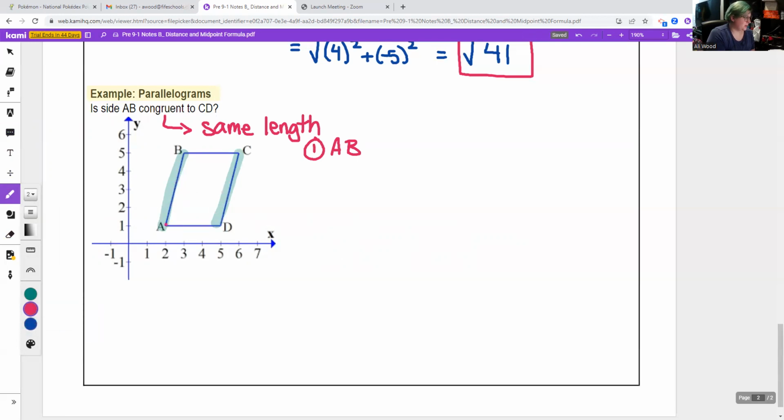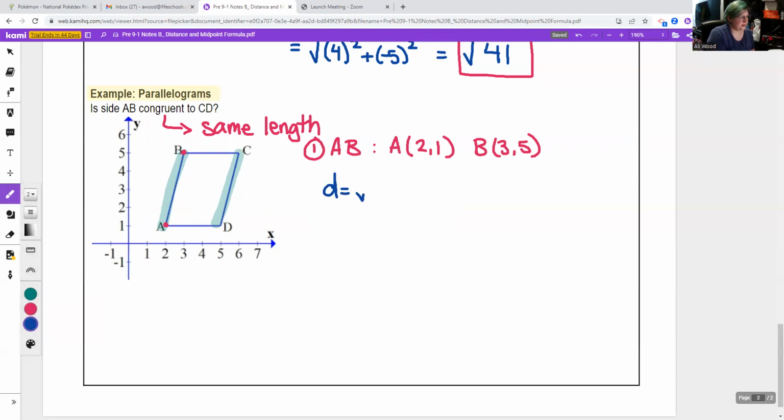So we need to first identify the points A and B. So A is at 2, 1, and B is at 3, 5.